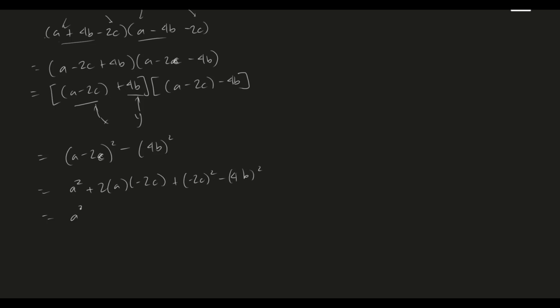So we have a squared, 2a. So 2a times negative 2c is negative 4ac. Also, if we expand this one, negative squared is positive. So 2 squared is 4. And we have c squared minus 4 squared is 16. And b squared. This is our final answer.